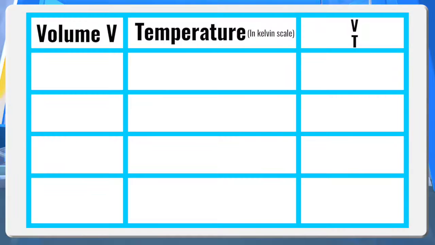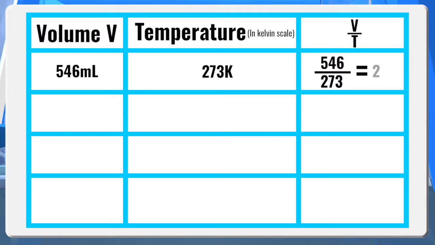So, let's check this table in which V by T is calculated. Here, pressure is constant. In the table, there are three columns consisting of volume, temperature in Kelvin scale and volume by temperature. When the volume is 546 milliliter, temperature is 273 Kelvin and V by T equals 2.